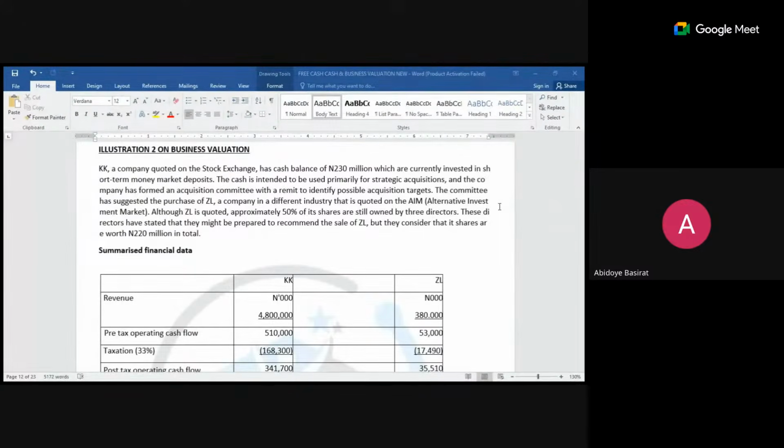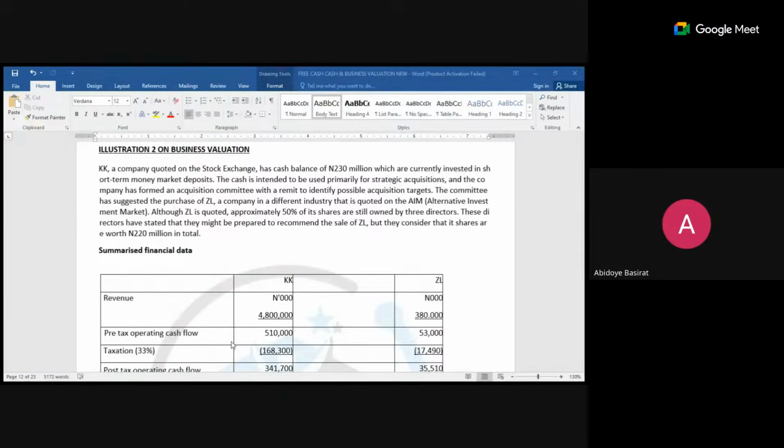The main thing we are looking for is the market value of the share of the company we want to acquire. The main reason for valuation is to determine the market price of the target company. For the income-based method, there is one for price earnings ratio, one for dividend yield, and one for earnings yield, and each has its calculation.